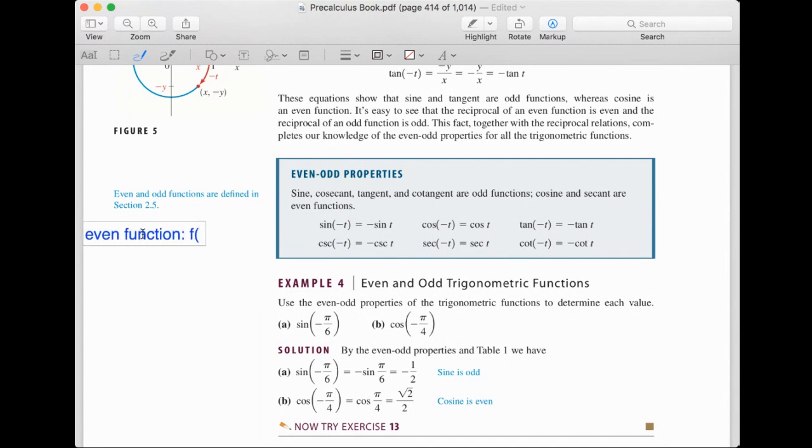Even function means f of negative x equals f of x. An example is f of x equals x squared, right? If we put in a negative x value, we still get positive x squared, because negative x times negative x is x squared, which is positive. That's called an even function. What about odd function?